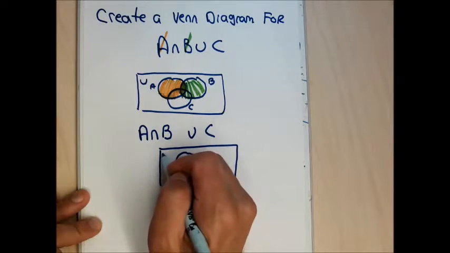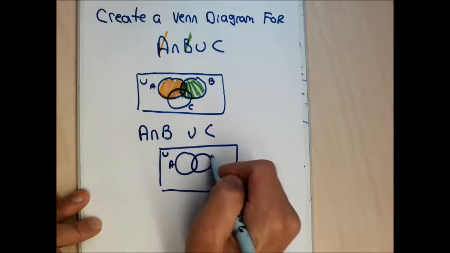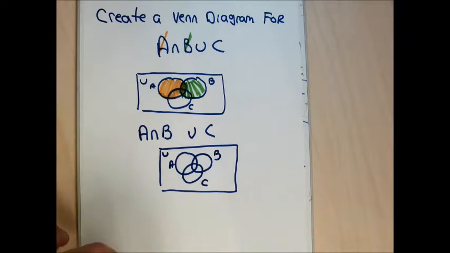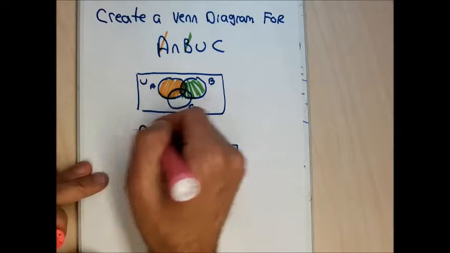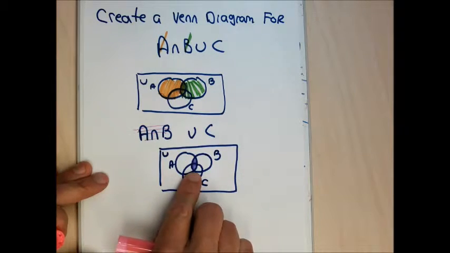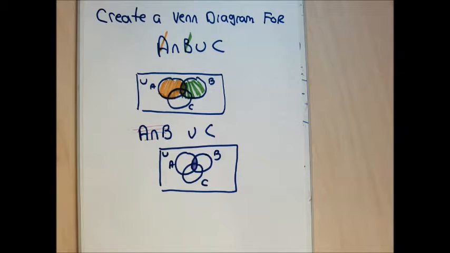So I have my universal set, my set A, my set B, my set C, and what I've drawn so far is A intersection B, and A intersection B is just that region right there. Quite honestly, I know what A intersection B looks like, and I don't need to draw 2 Venn diagrams to figure out what A intersection B is. So I'm done with part of this problem.